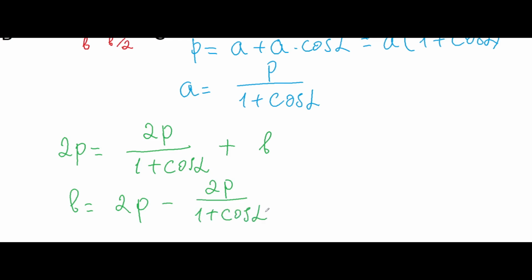We can take 2P out of the brackets, and it will be 1 minus 1 over 1 plus cosine alpha.